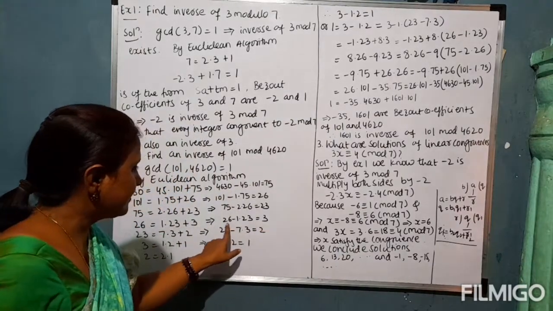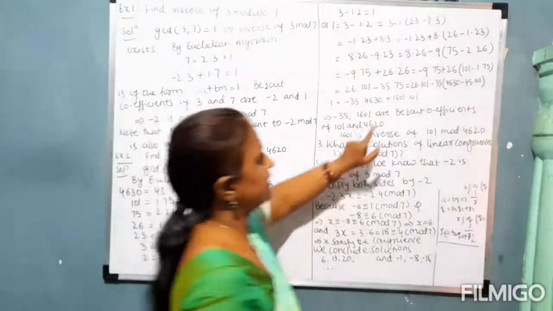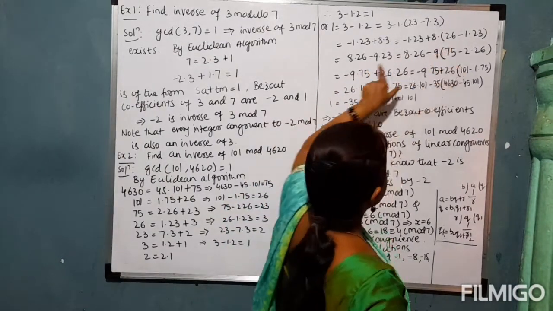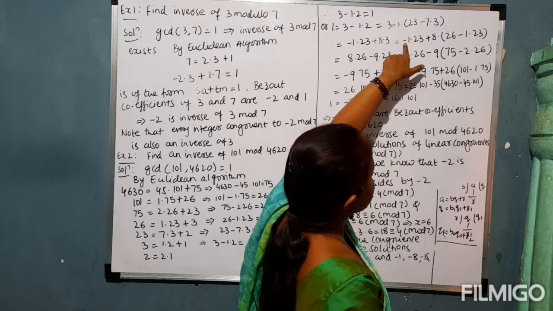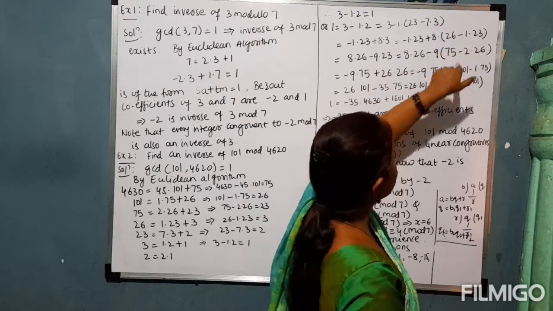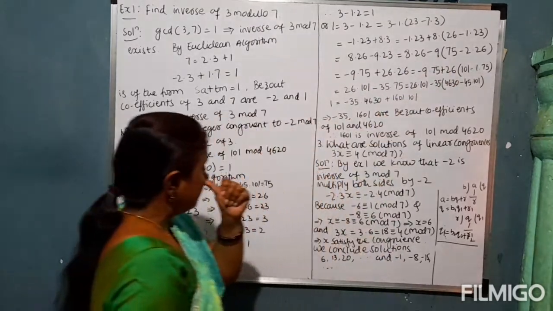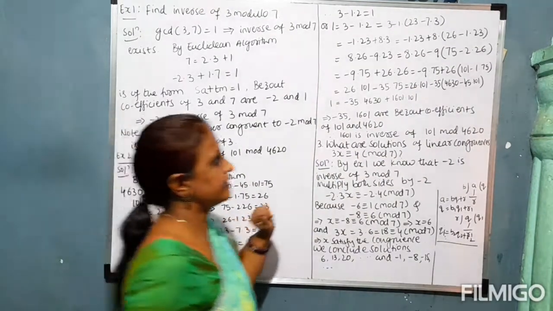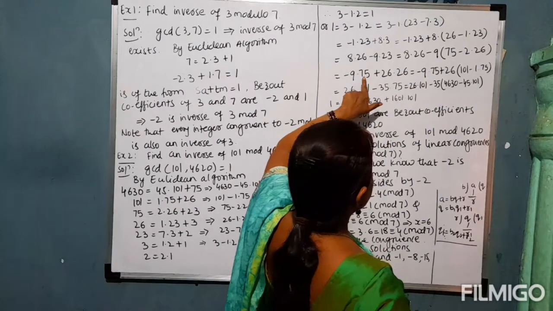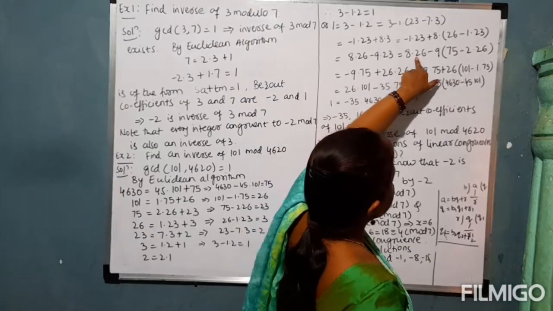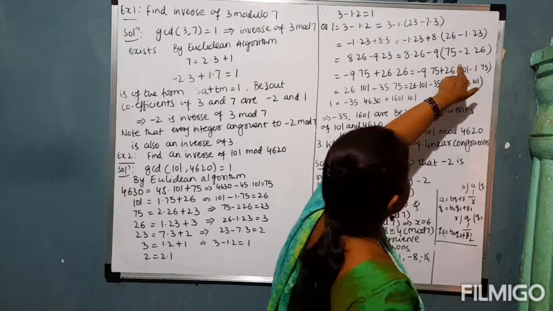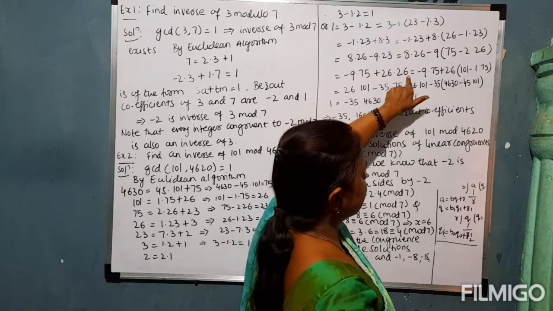Again 3 is replaced by 26 minus 1 into 23. We substitute it. We get 8 into 26 as it is, and minus 1 and minus 8 gives minus 9 into 23. Then 23 we replace by 75 minus 2 into 26. Then we get minus 9 into 75 plus 26 into 26.